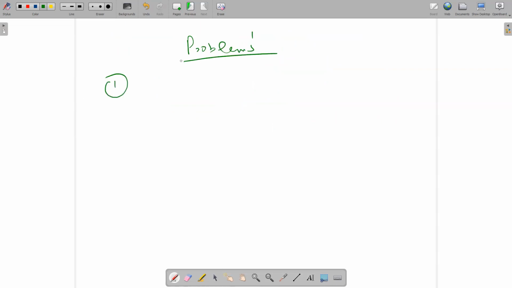So the first problem I want to solve: if vector A is equal to 12i minus 16j, this is given, and vector B is equal to minus 24i plus 10j.